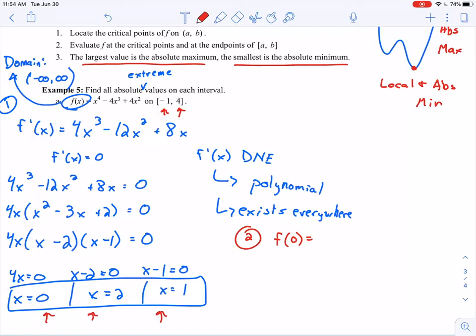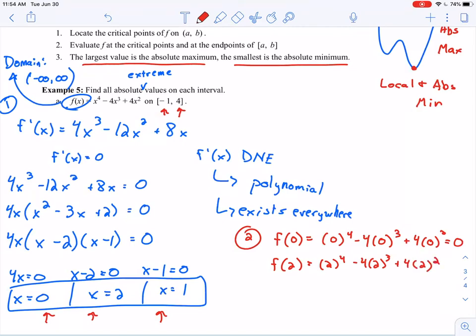So let's work with the critical points. First, f of 0, this is 0 to the 4th minus 4 times 0 cubed plus 4 times 0 squared. Here I should just end up with 0. So okay, very cool. Then I'll say, how about 2? F of 2, this is equal to 2 to the 4th minus 4 times 2 cubed plus 4 times 2 squared.